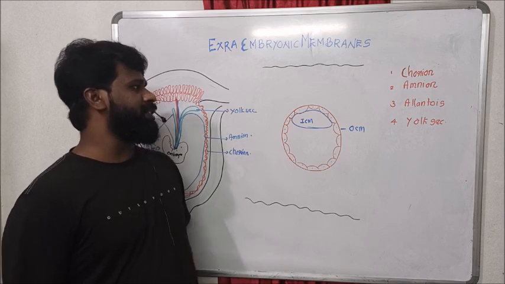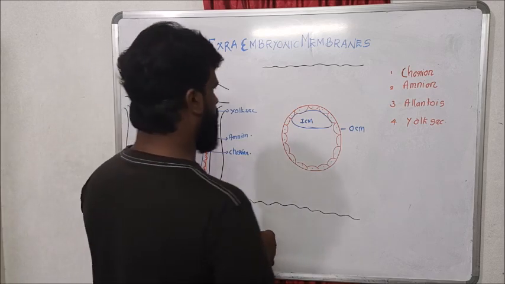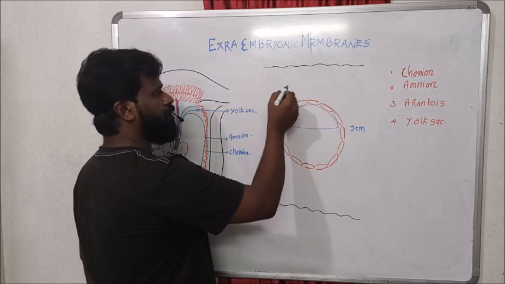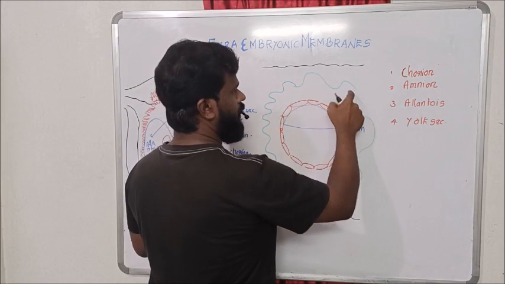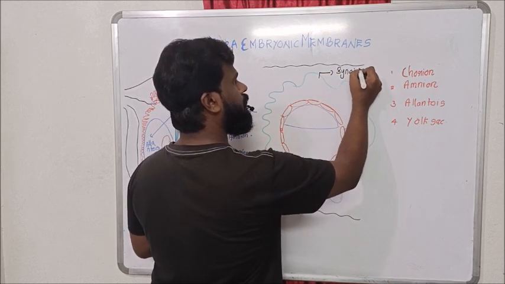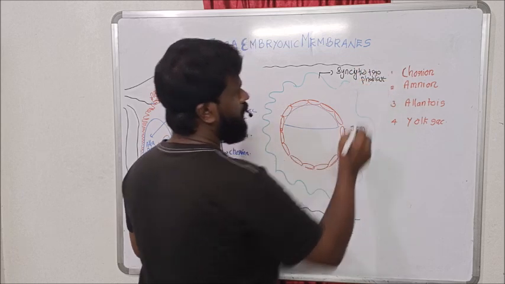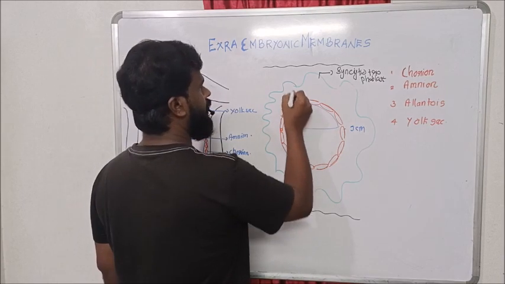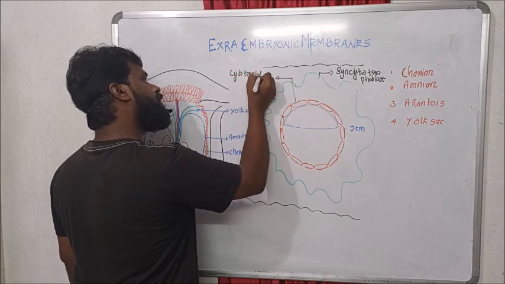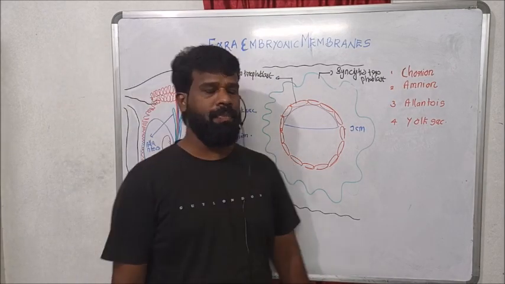We know after implantation, this trophoblast split to form this outer one, the syncytial trophoblast, and this inner one, the cytotrophoblast.